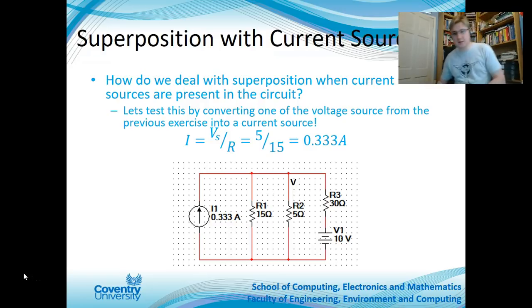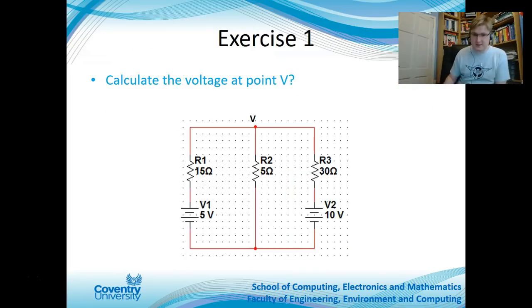Okay, so here we have a circuit. So we have a current source here, these two resistors with a point V and V1 and R3. I would recommend you look at the exercise solution before you do this, because this is using this circuit where I've done source conversion on the V1.